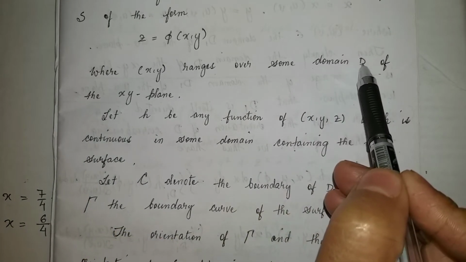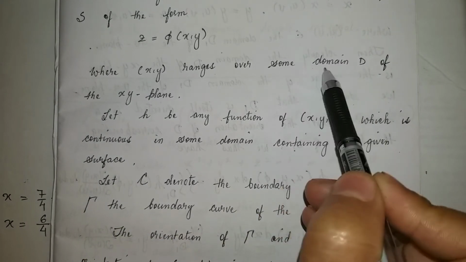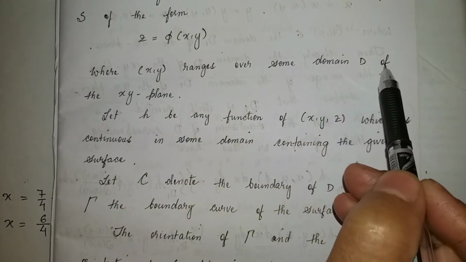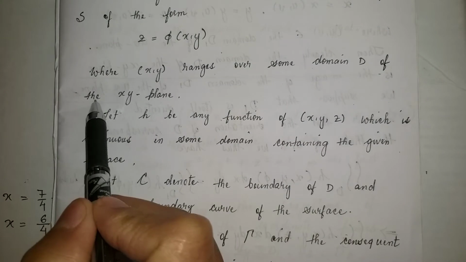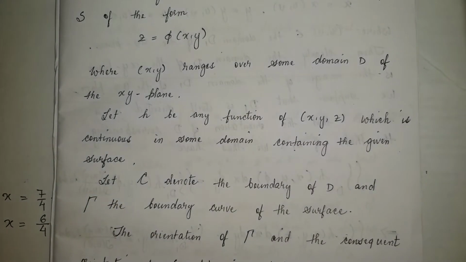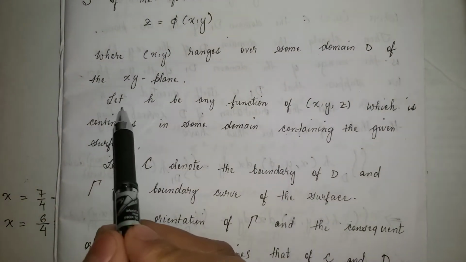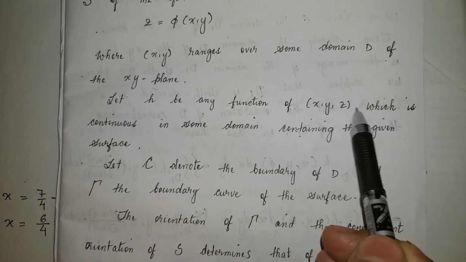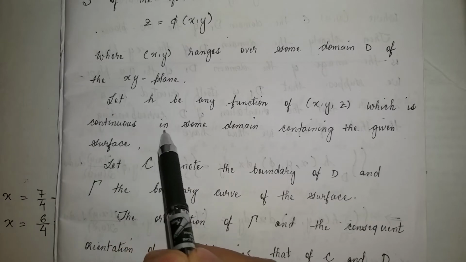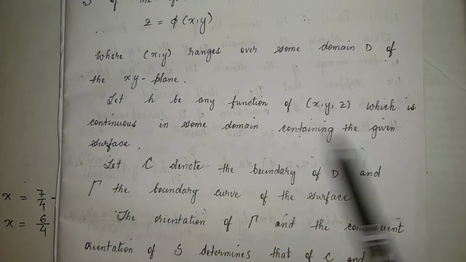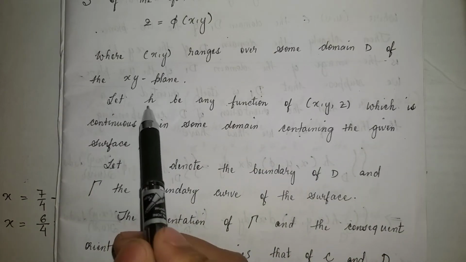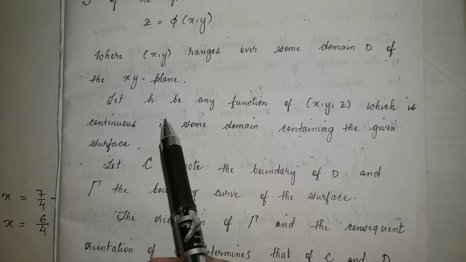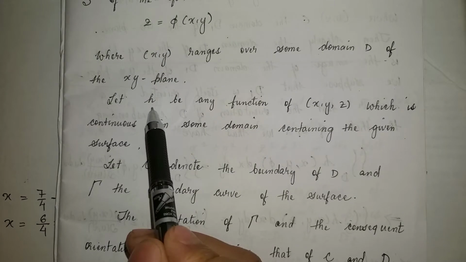Remember, this D is a domain for this function, and it is in the xy plane. Now, let h be any function of x, y, z which is continuous in some domain containing the given surface. Remember, this is a function we have to integrate, and it is a function in R3.